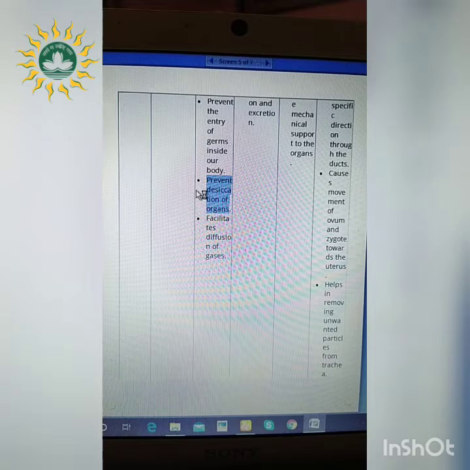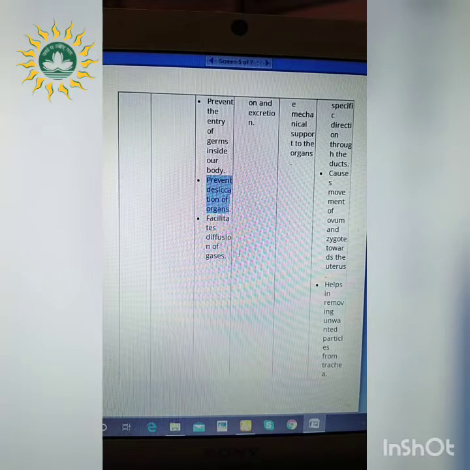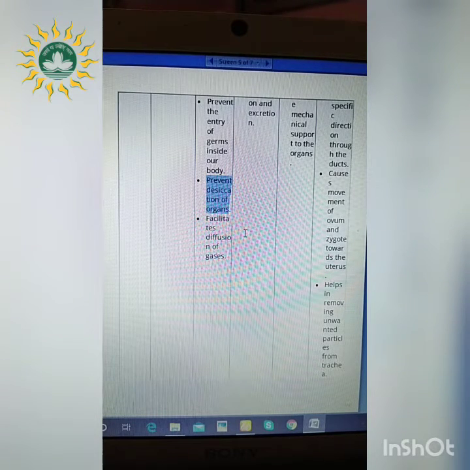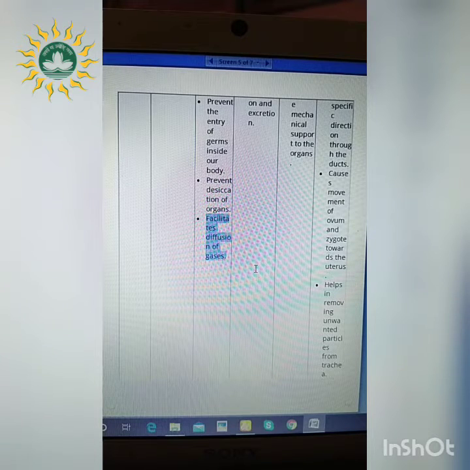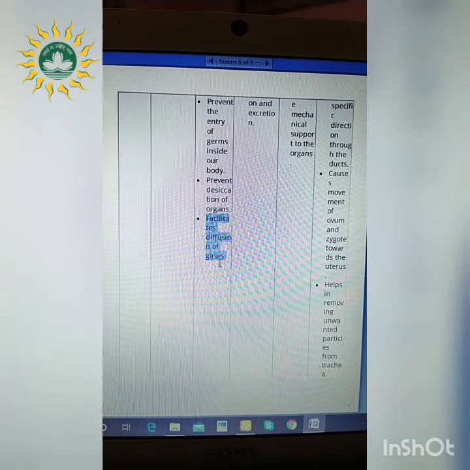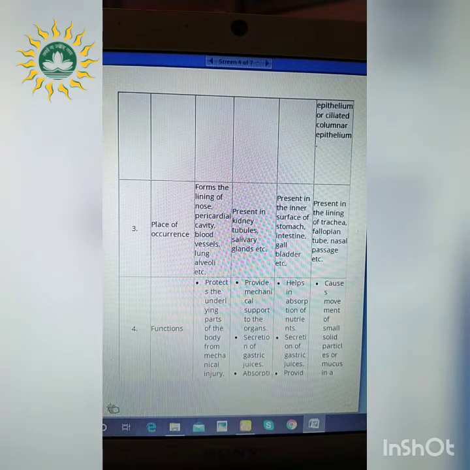So wherever water is absent, it prevents desiccation of the organs which are present, and facilitates the diffusion of gases. Diffusion means movement of particles from higher concentration to lower concentration, specifically in the case of gases, right? So it helps in the process of diffusion of gases.